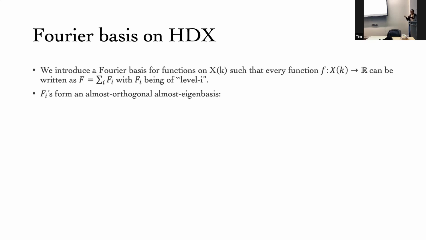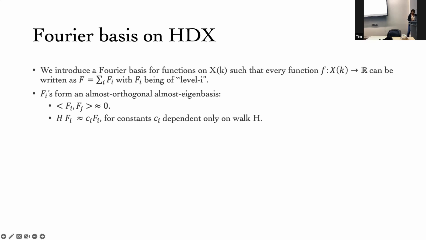And these fis now do not form an exact eigenbasis, but only an approximate eigenbasis. So fi dot fj is approximately 0. And if you look at any of these random walks which we discussed, which go down, up on the complex, and think of them as H, then H fi is approximately ci times fi.